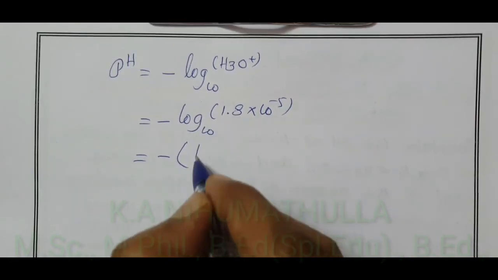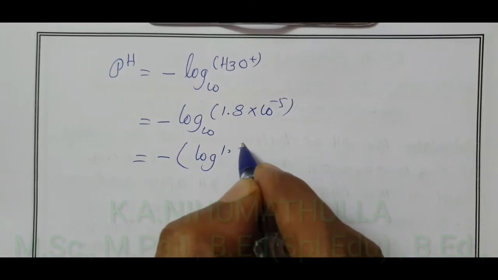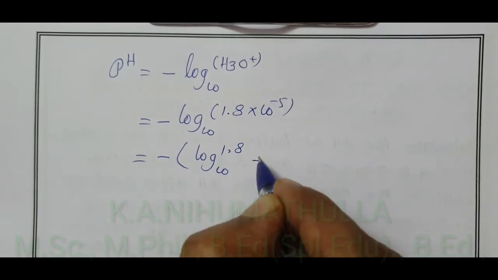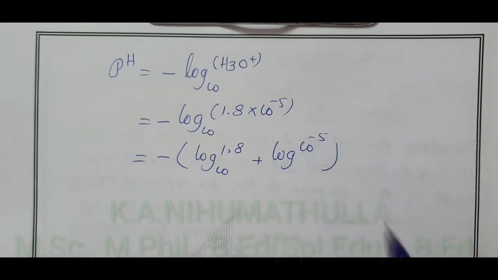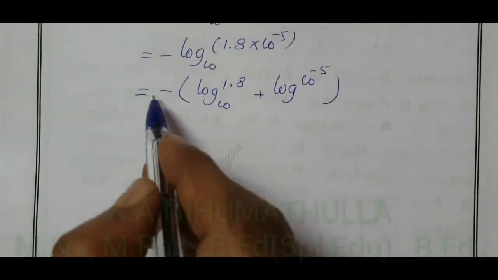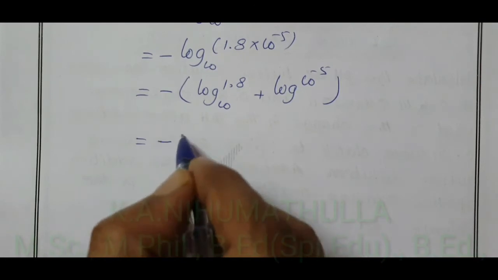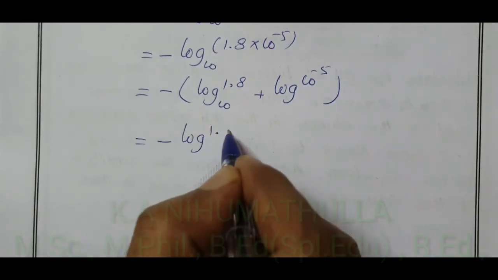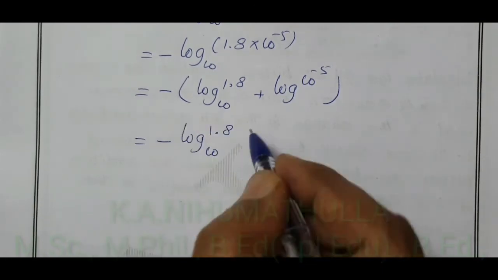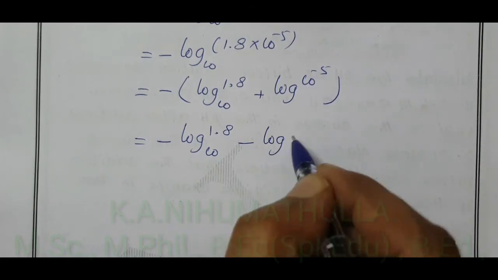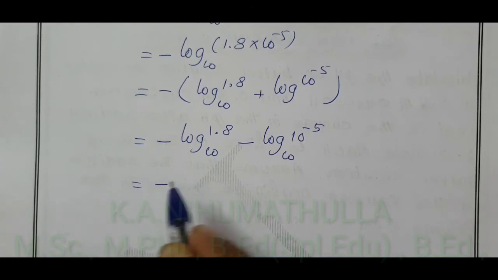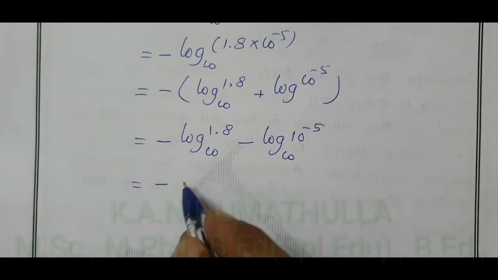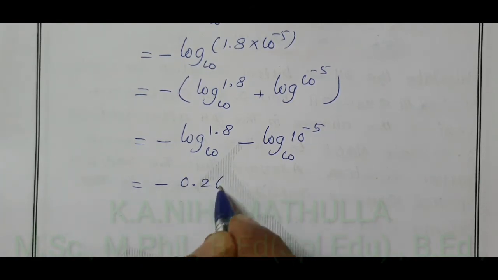Log AB equal to log A plus log B. Minus log 1.8 to the base 10 minus log 10 power minus 5 to the base 10 equal to minus log 1.8, equal to 0.26.